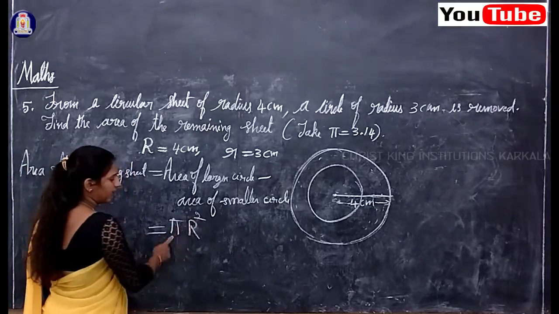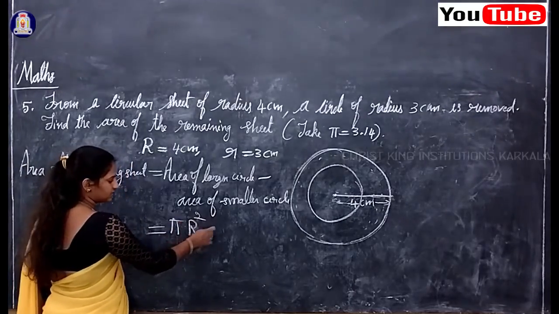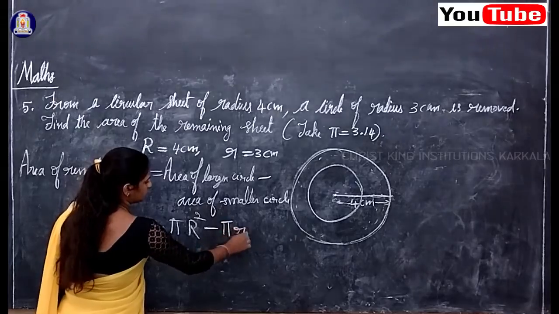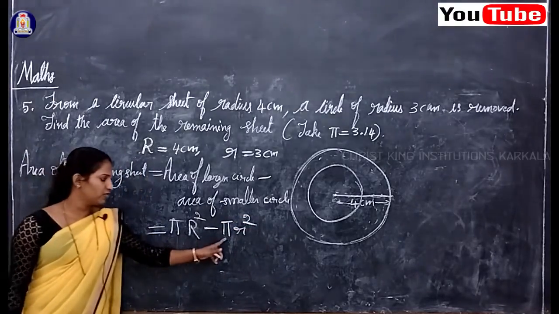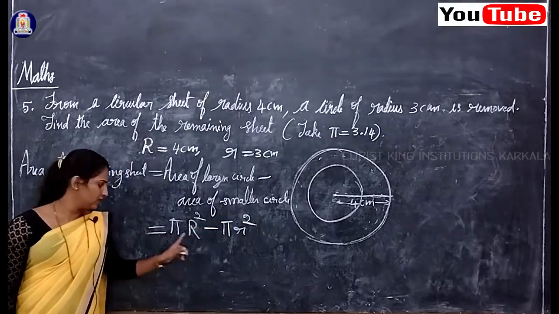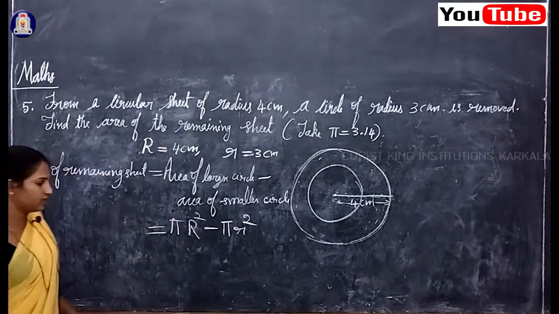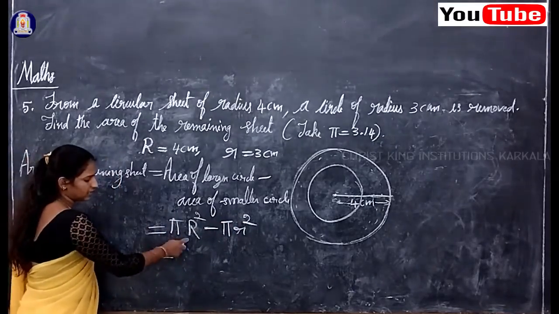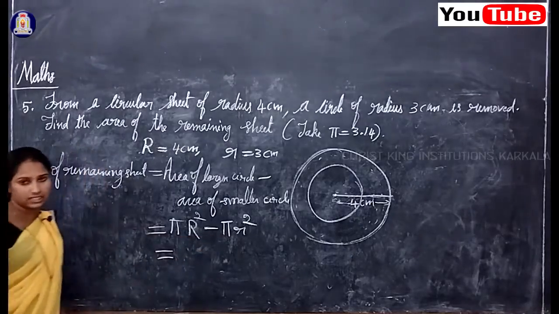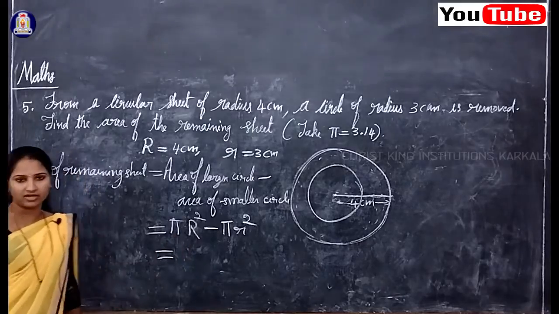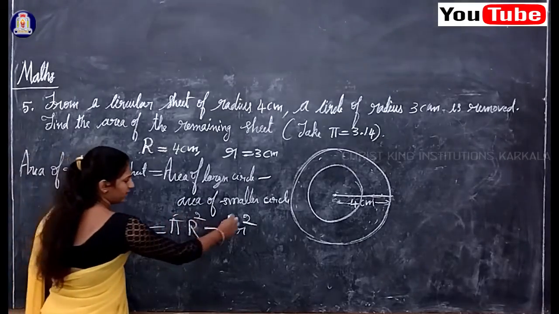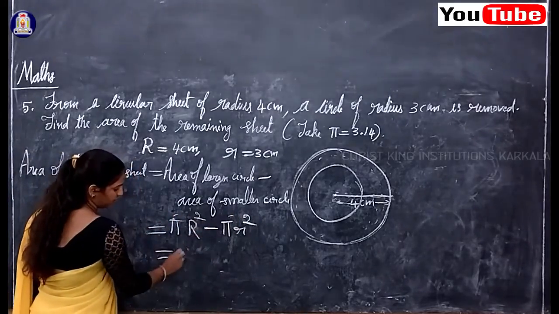So pi R square, from the larger circle we subtract the smaller circle, which is also a circle shape. So the formula is pi r square, here also pi r square. Clear? So this is the larger circle area and this is the smaller circle area. If you observe, pi is common. Here we can see pi, and in this term also we can see pi.